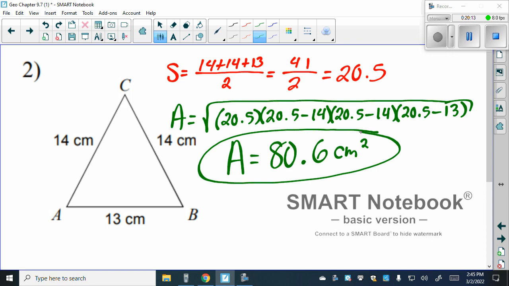And at that point, we can just plug this into the calculator, and it'll give us our answer.